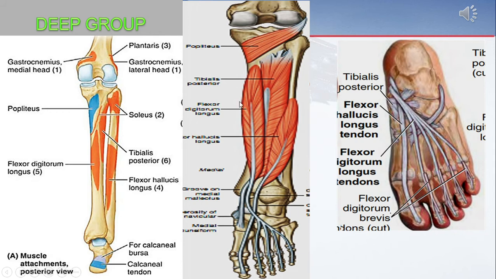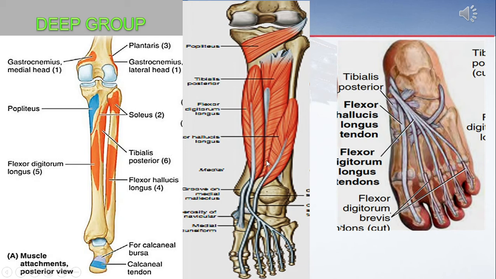Then the two muscles arising from the posterior surface of the tibia are flexor digitorum longus and tibialis posterior. You can see the tibialis posterior is arising from the posterior surface of the tibia lateral to the vertical ridge below the soleal line, and also from the interosseous membrane.